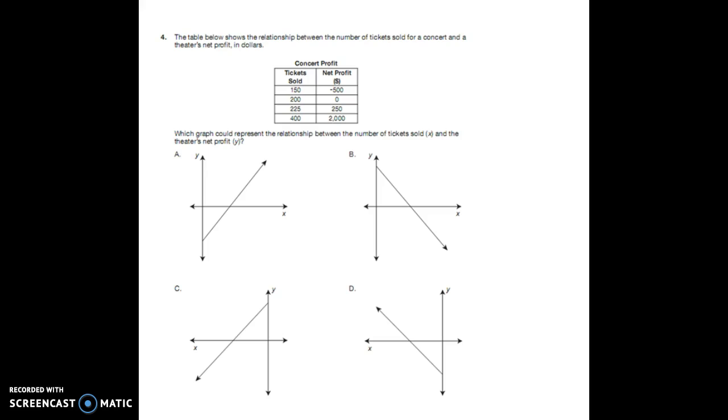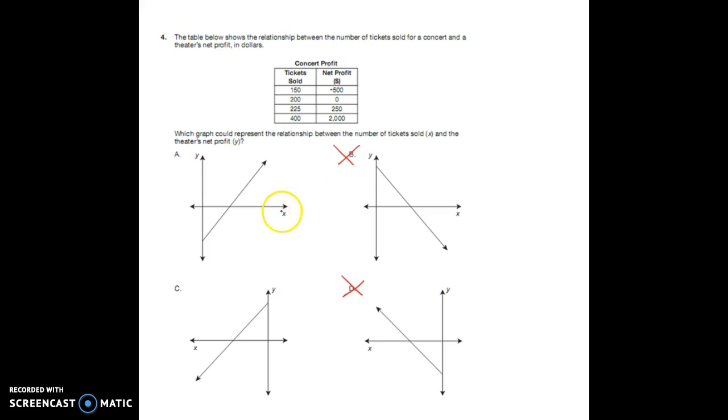And then at 225, we have a $250 profit, and at 400 tickets sold, we have a $2,000 profit. Because both my tickets sold and my net profit are increasing, that means I've got a positive slope. I have a positive slope, that means that B and D are out because they're both negative slopes.